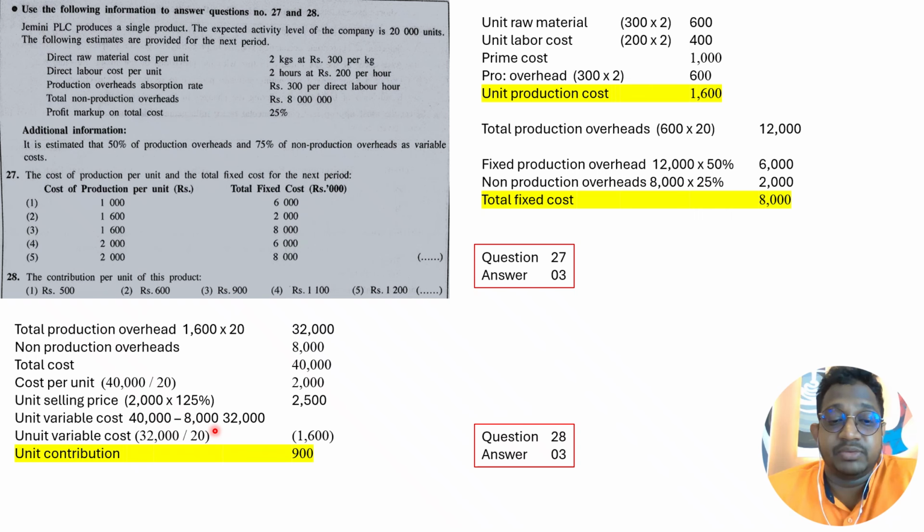Then you are finding out the unit variable cost, right? So your unit variable cost is 1,600. Unit selling price is 2,500, unit variable cost is 1,600. Then you can find out the unit contribution as 900.